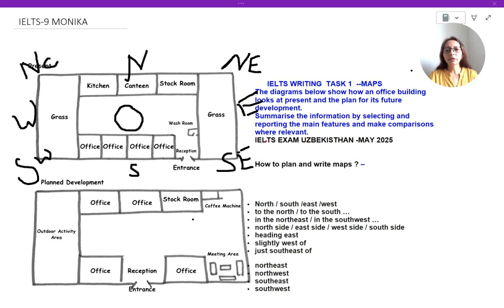And for explaining this map, you will be using future tense, like simple future tense. And there are three ways you can write future tense. They are planning, they have plans, they will change this area into office, and these kinds of things you can write. Now let me show you other vocabulary words. You can take a screenshot as well as note it down in your copies.